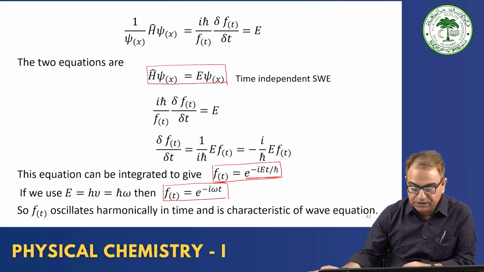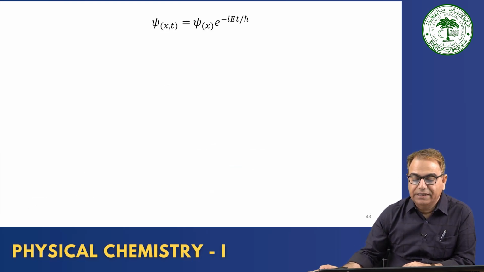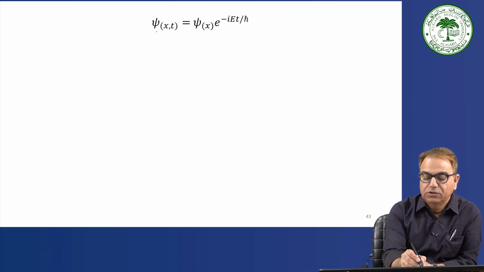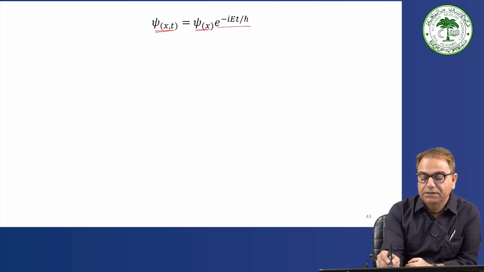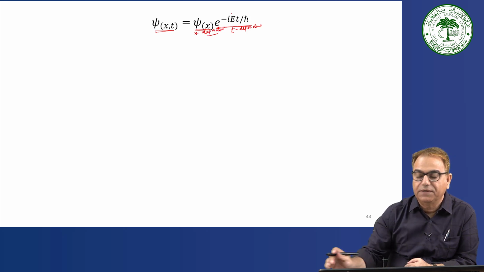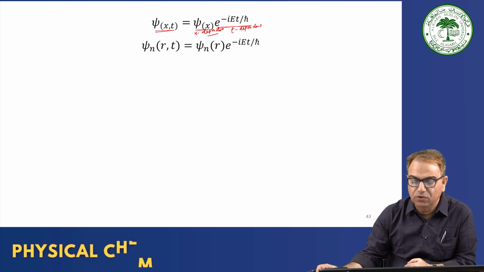So we have this equation that psi(x,t) could be, combining both these, psi dependent on x and this part is the time dependent part, and the x dependent part. So the total function is a product of both these functions, that you know.